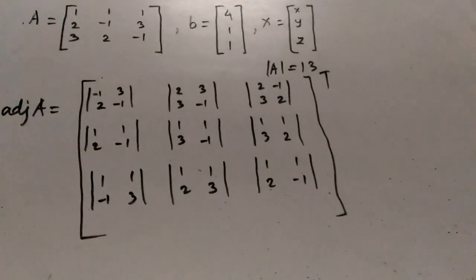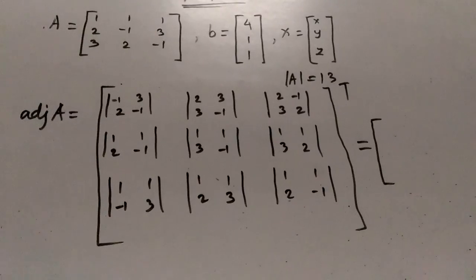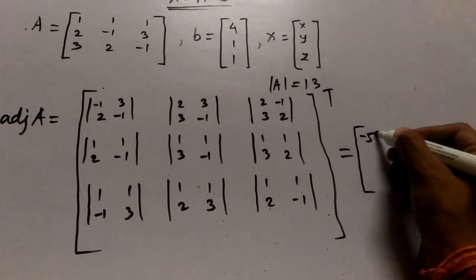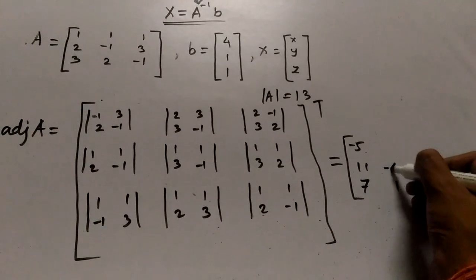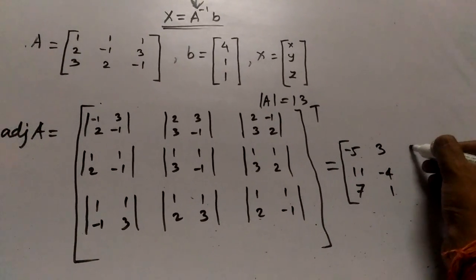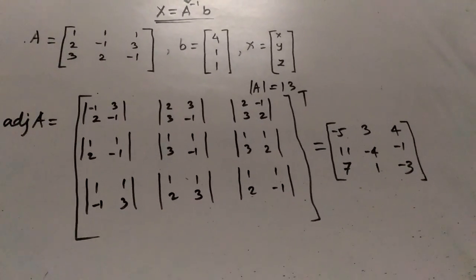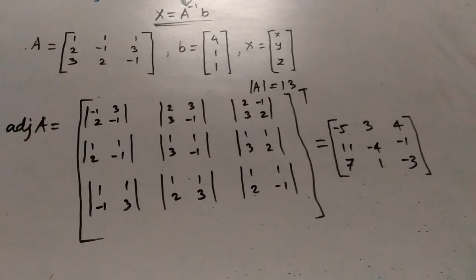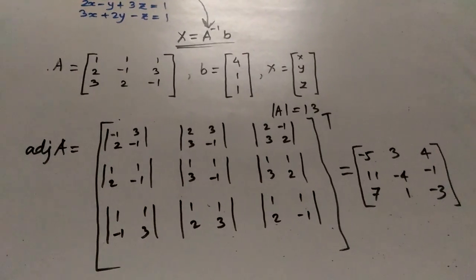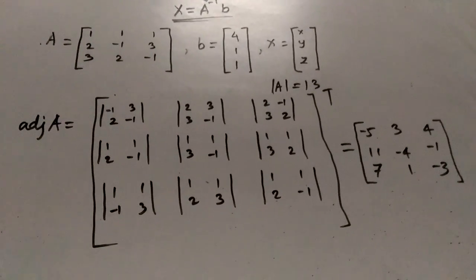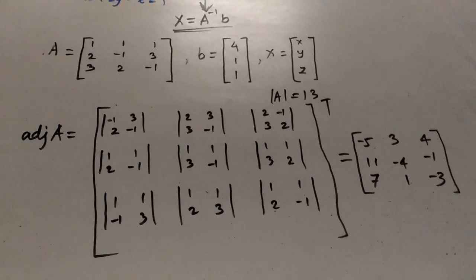So this will come out on simplification as minus 5, 11, 7, 1, minus 4, 3, 4, minus 1 and minus 3. So this is the adjoint of A. Now we need to find the value of the inverse of A. To find it, we need to divide the adjoint by the determinant value.